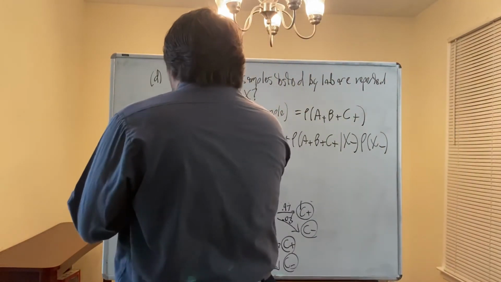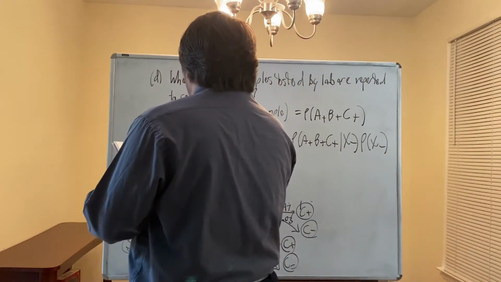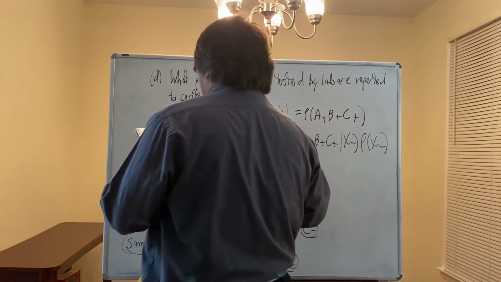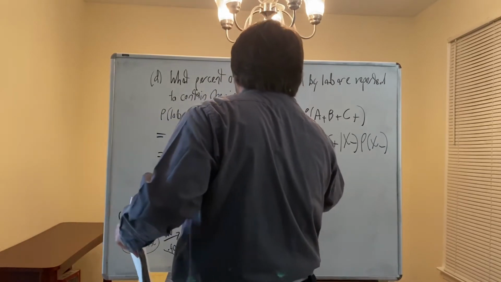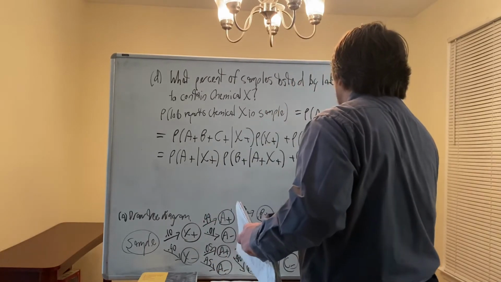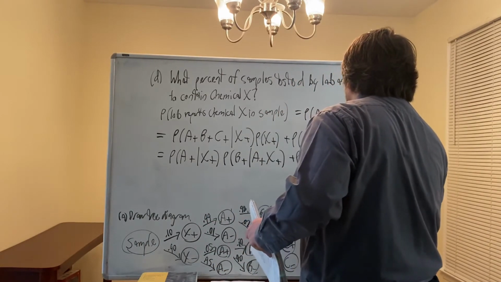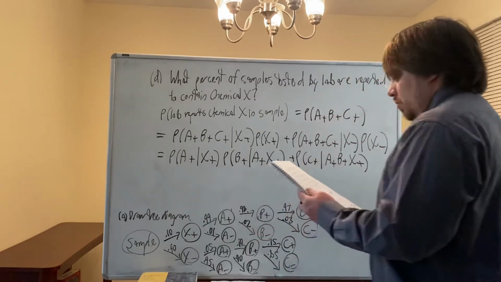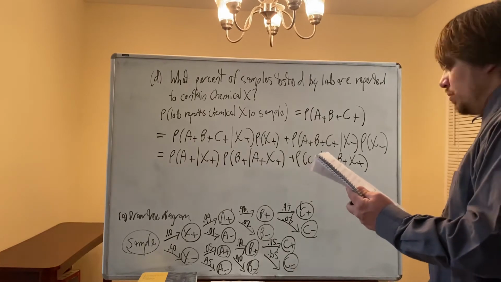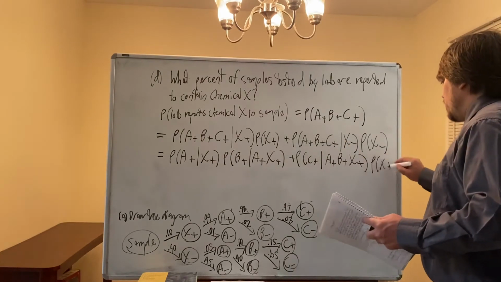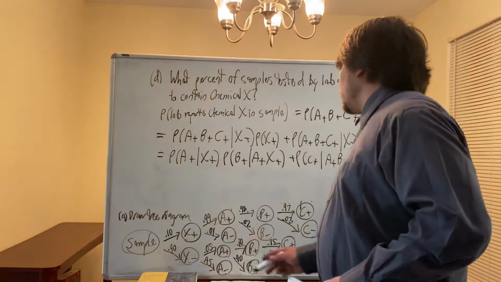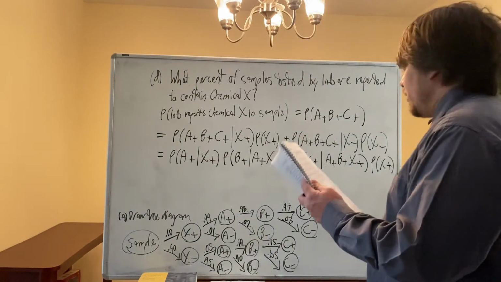So then this is the probability of A plus given X plus, times the probability of B plus given A plus and X plus, times the probability of C plus given A plus, B plus, and X plus, times the probability of X plus.